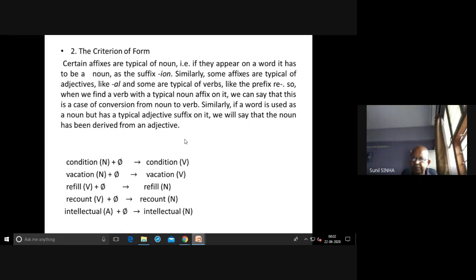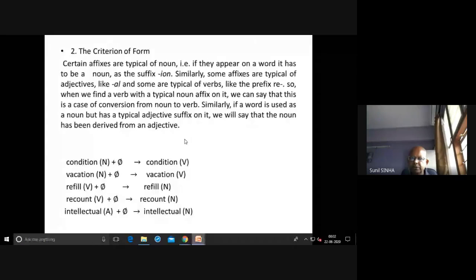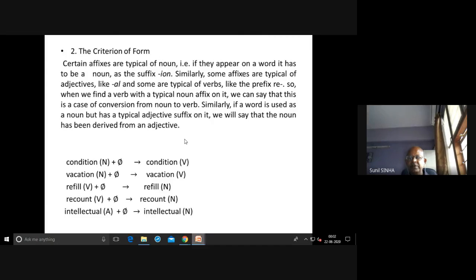And what I'm trying to say is that condition is basically a noun, then we add a zero morpheme to it and we change it to a verb condition. That is, the direction of change in condition is from noun to verb.